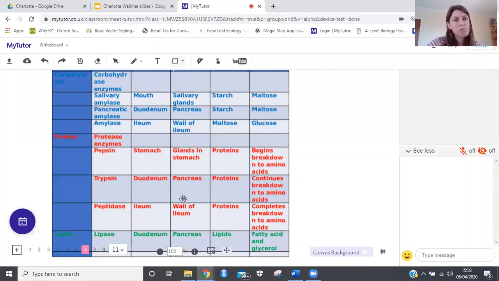I'm afraid you do need to know in general which parts of the body each stage of digestion takes place in. So particularly for carbohydrates, where digestion starts in the mouth, continues in the stomach, and then finishes in the small intestine, you do need to have kind of a knowledge of that gradual change.